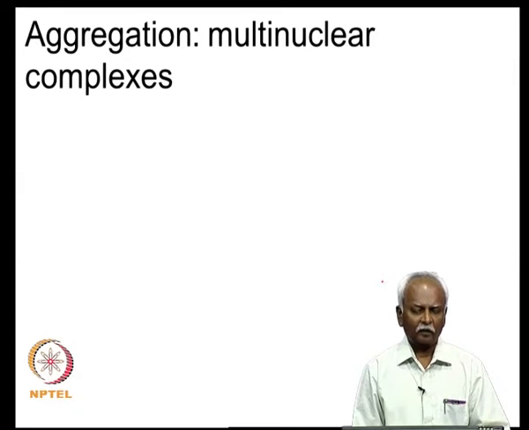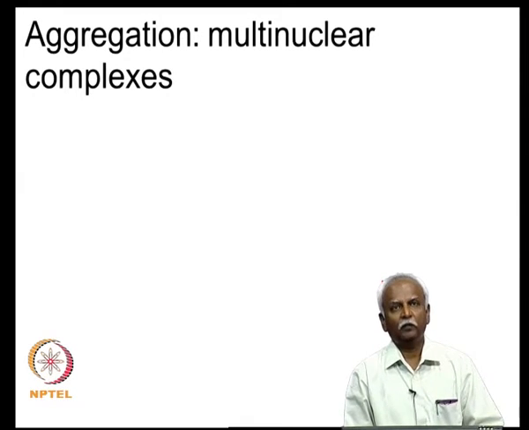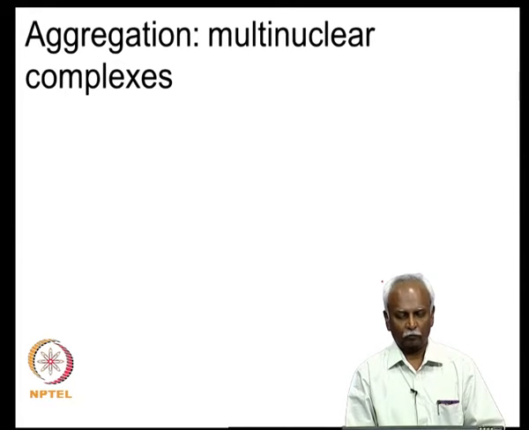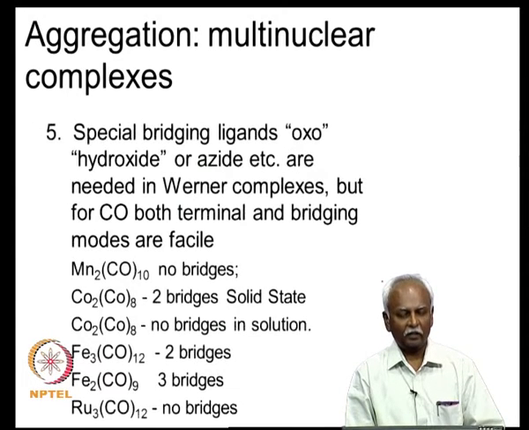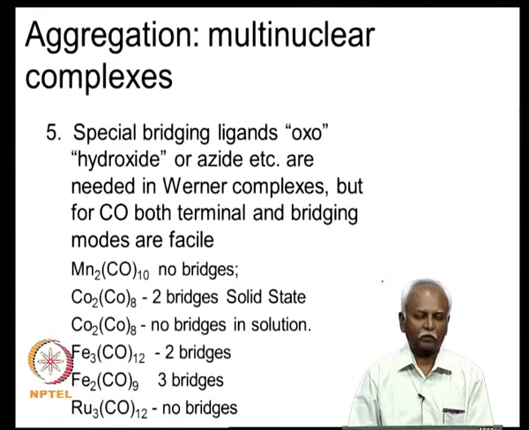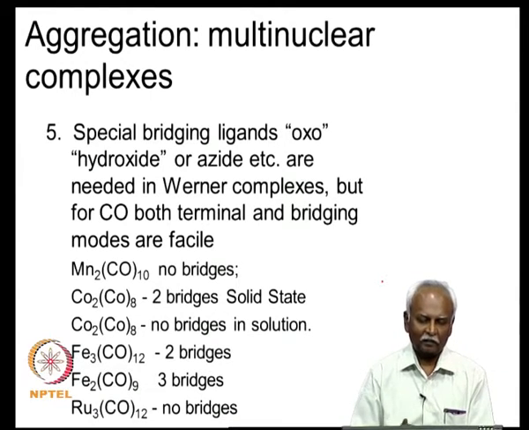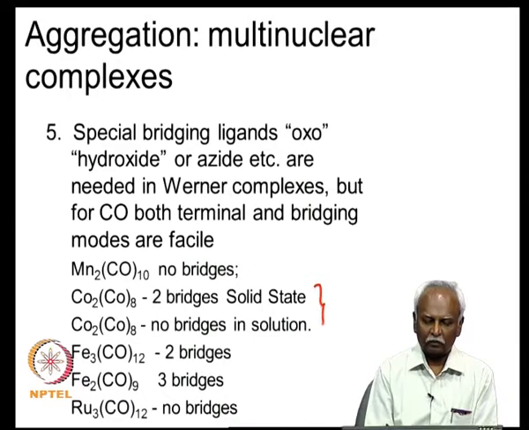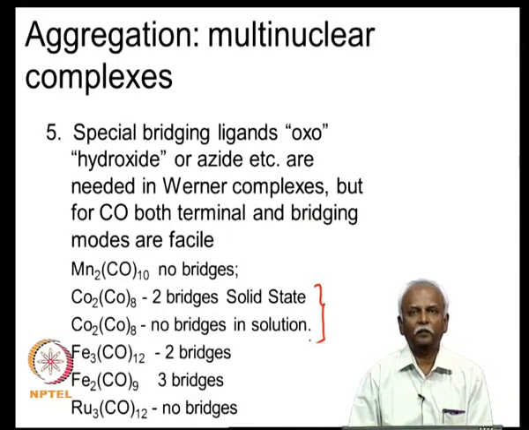So, aggregation and the formation of multinuclear complexes is very commonly encountered in organometallic chemistry, and in all these cases you can have bridging and terminal carbon monoxides in the carbon monoxide chemistry that we have just seen. And in one unique instance, at least in the case of dicobalt octacarbonyl, which I have pictured here, both terminal and bridging modes of carbon monoxide are encountered in the complex.